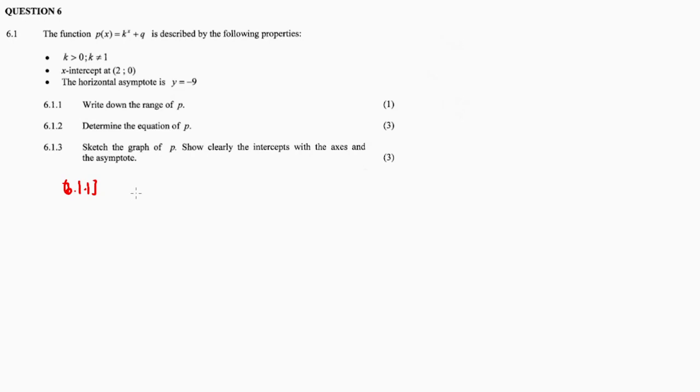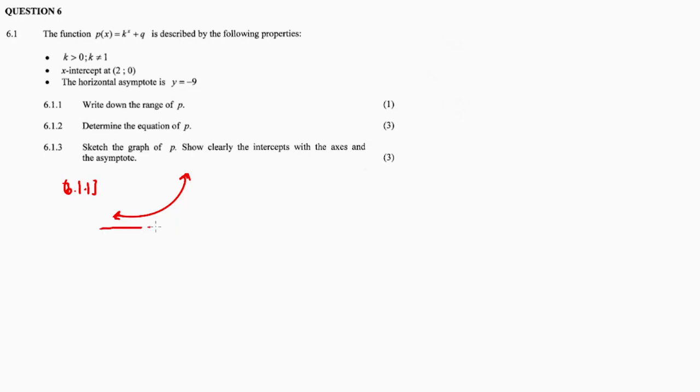So the range is always given by the horizontal asymptote for an exponential function. But be careful, it depends on the shape of your graph. Now, since k is greater than 0, the function will take a shape like this.